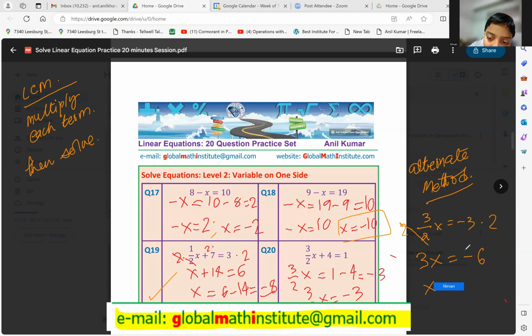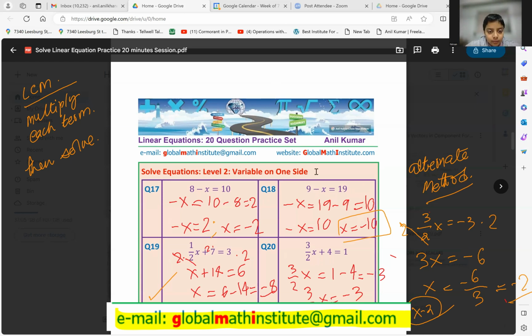So x equals minus 6 over 3, minus 2. Correct. So you get x equals minus 2 in this particular case. Perfect. Good job. So we'll move on to the next set of questions, which is the last.